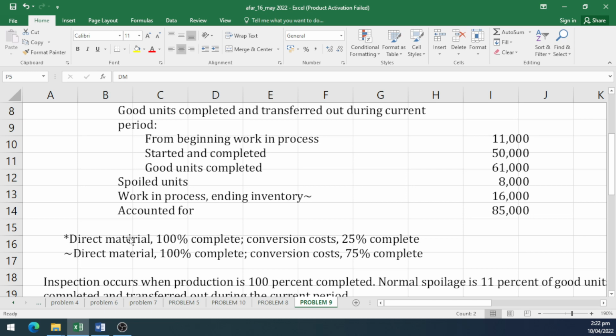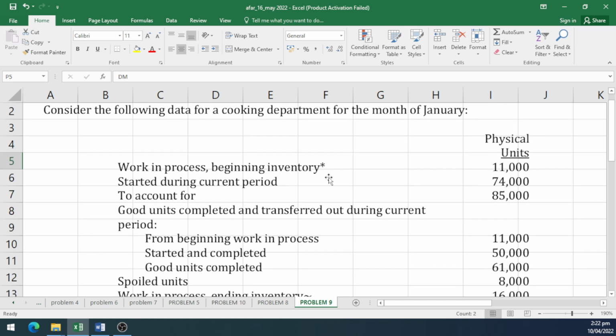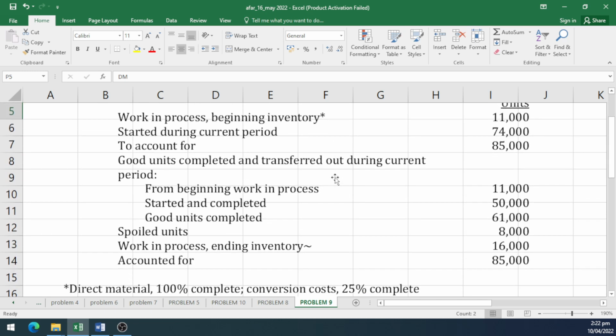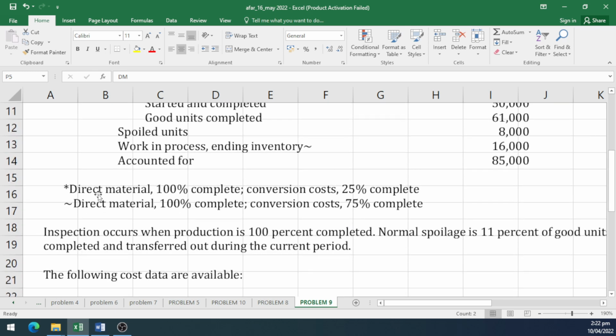Yung beginning ito, tinutukoy, naka-asterisk, ito po. Ayan. 100% complete material, conversion cost 25% complete. Kaya this month, no more material, 75% naman ang conversion. Ending work in process, 100% material, then conversion cost 75% complete.